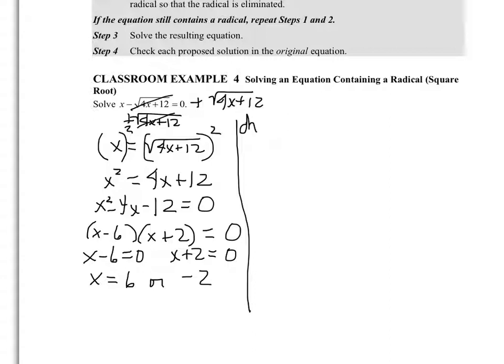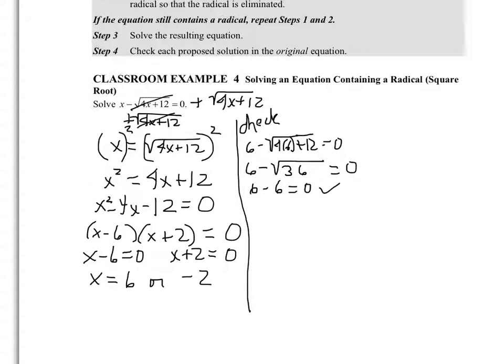You could actually do it in your calculator, but if I were to do this by hand, if I put in 6 for x, this is what it would look like. So 6 minus the square root of 4 times 6 is 24, and 24 plus 12 is 36. I want to see if that would equal 0. Now remember, if the radical is in the equation already, it's asking me for that positive root. So that would give me 6 minus 6 equals 0. That checks.